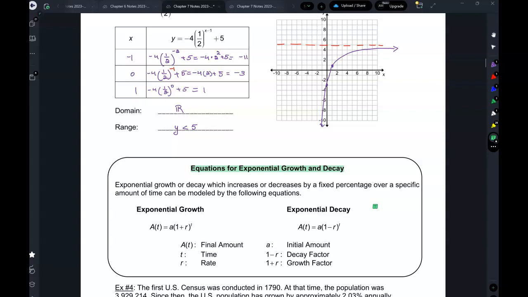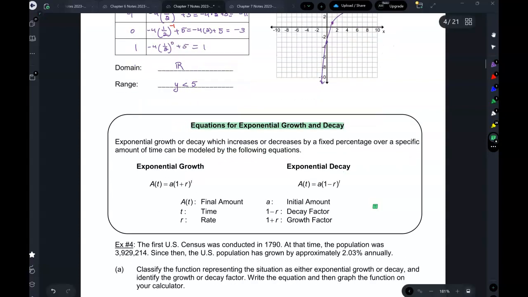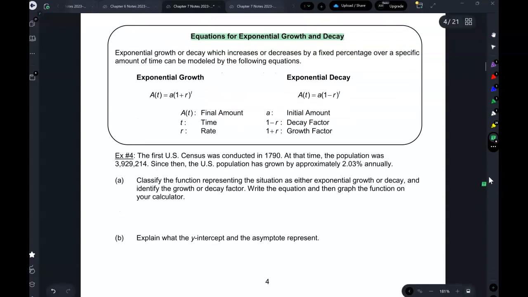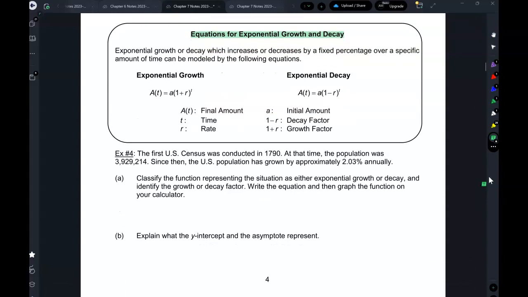So for example, if your salary increases by 3% every year, right? That's exponential growth and decay, growing or decaying by a fixed amount.